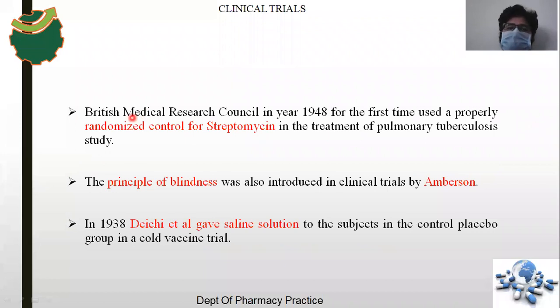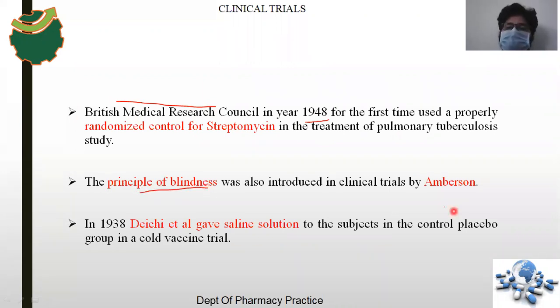Going to the next one, the British Medical Research Council in 1948 for the first time used a properly randomized control for streptomycin, in the treatment of pulmonary tuberculosis. And dating back, one of the best things was the principles of blindness, like you have single blind, double blind, and triple blind studies.